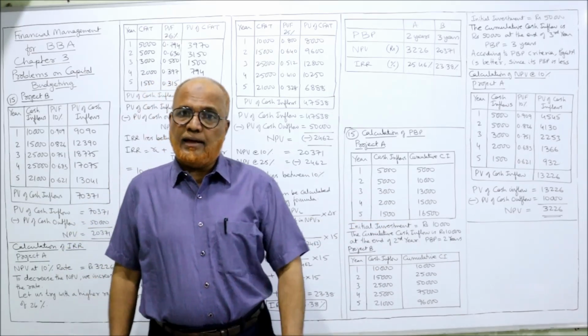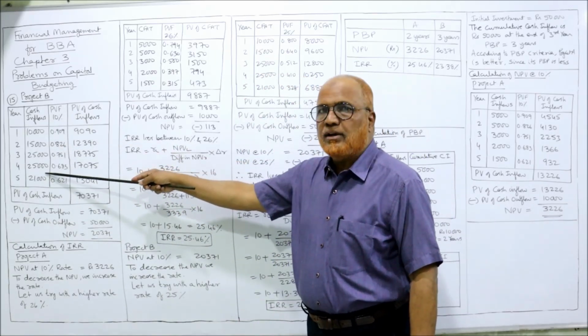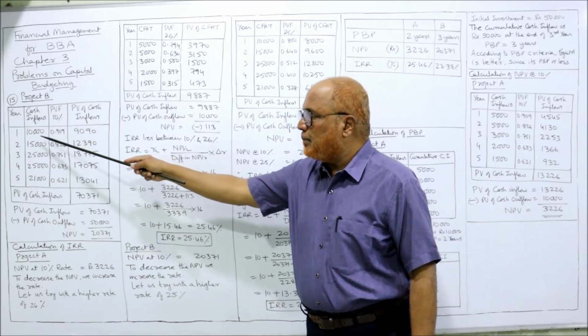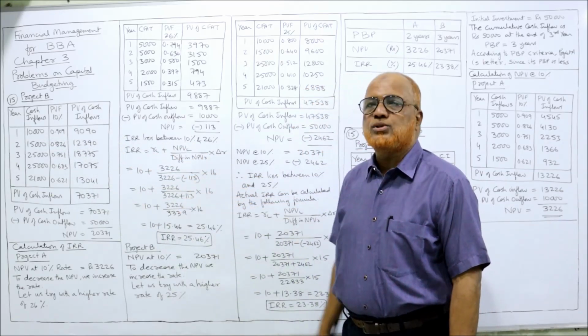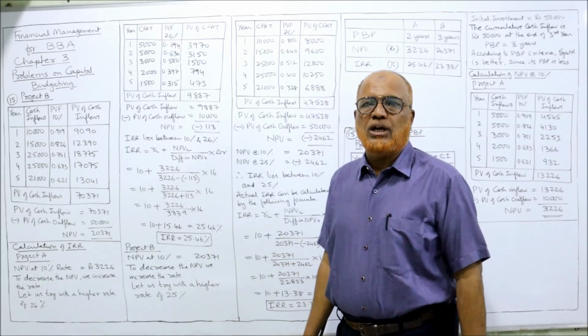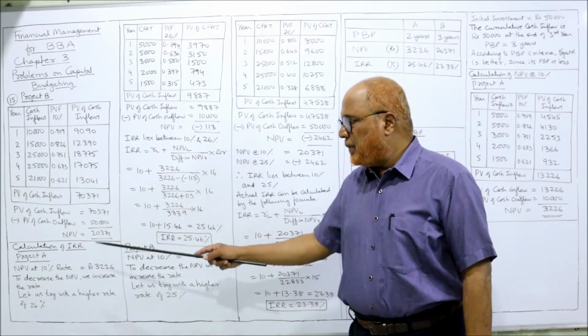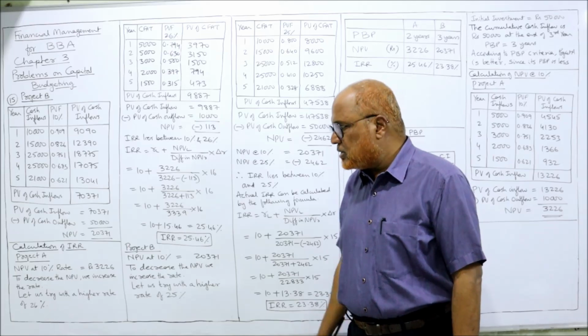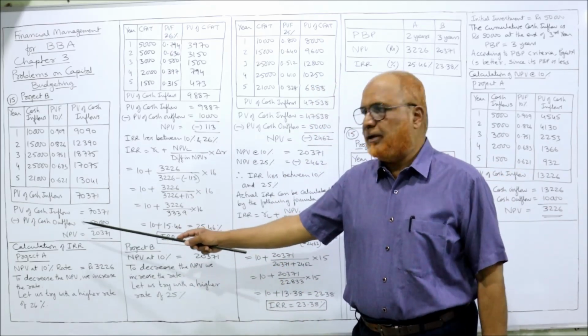That is project A. Now project B. Here cash inflows are given, PV factors at 10%, multiply the cash inflow with the PV factors. The total is 70,371. So total present value of cash inflows minus PV of cash outflow 50,000. So NPV remaining is 20,371. That is the NPV of project B.